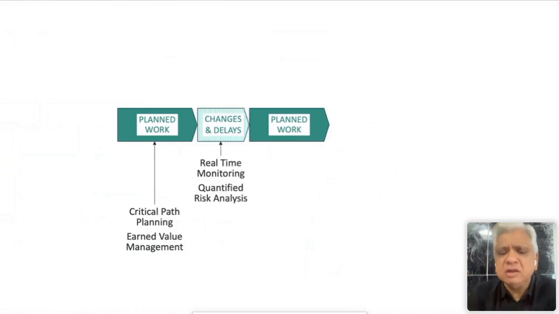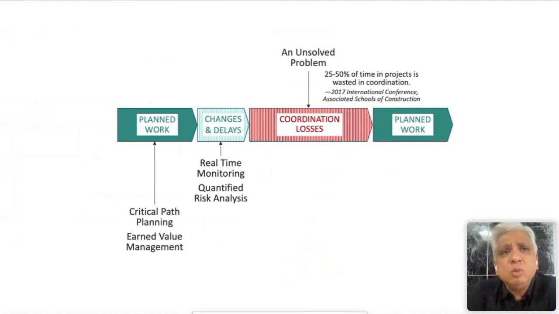But we know that in the real world of projects, you have changes and delays, right? So then you had some advancement in the form of real-time monitoring, quantified risk analysis. But even with that, the problem of project delivery has not been solved, because there is one more thing that goes on in projects, which is coordination losses.